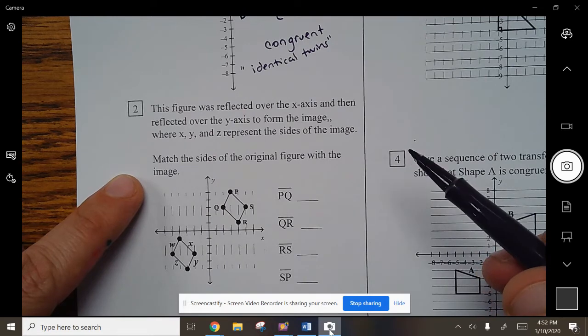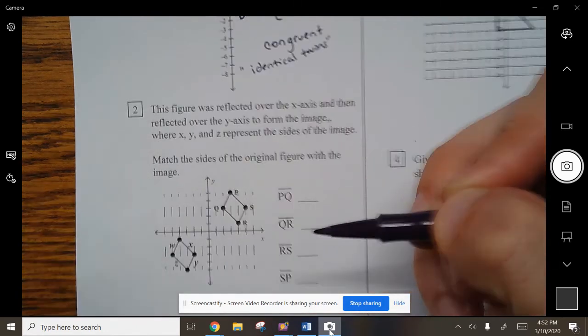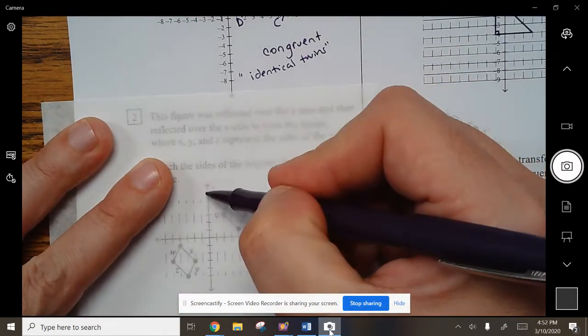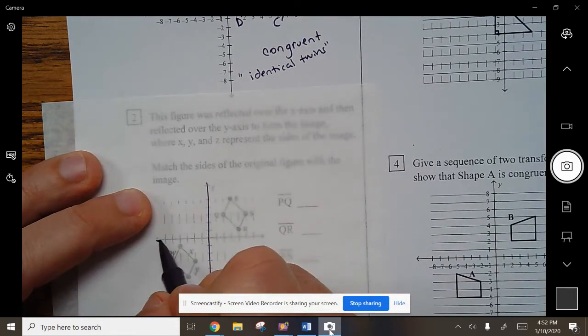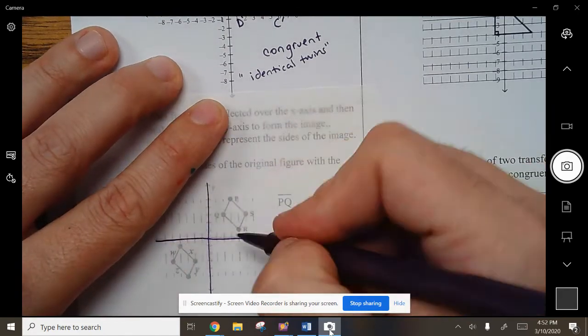Okay, so the first thing it says is it was over the x-axis first. So what I like to do actually is, if you want to use the patty paper, you really don't have to on this one. But if you do, it may help you see what's happening a little bit. So this is 1 spot away.